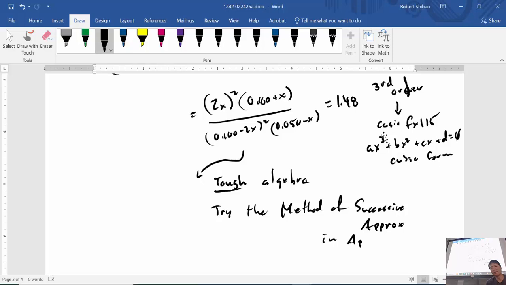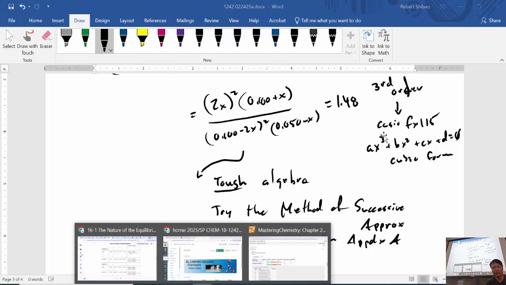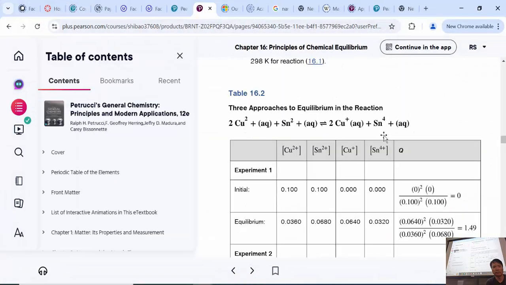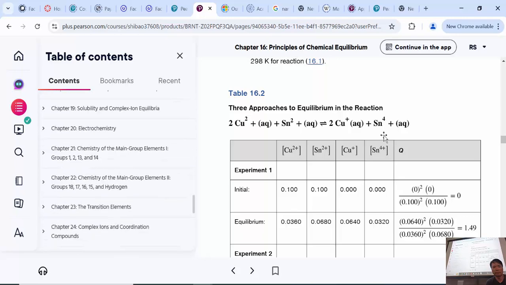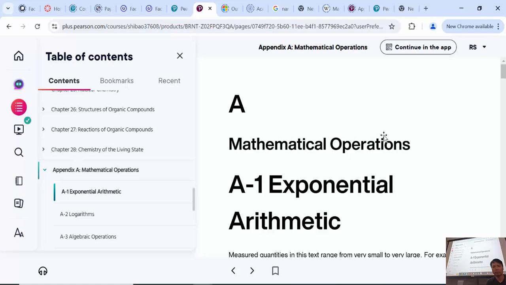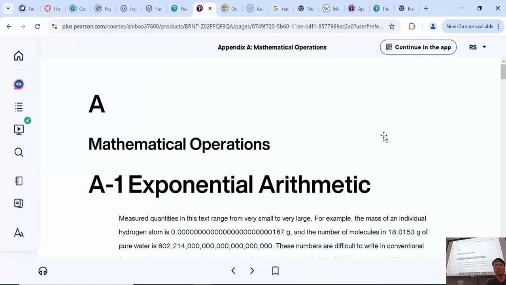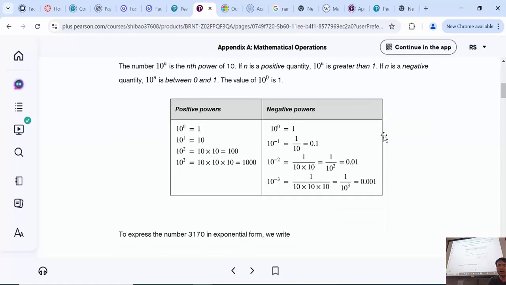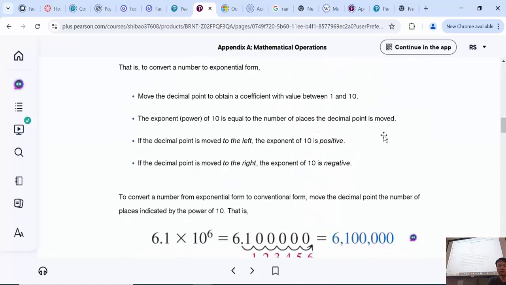In Appendix A. All right, so let's take a visit to the method of successive approximations in Appendix A of our book. Appendix A, for the most part, is math review. So if you need freshening up on any math, this is good.